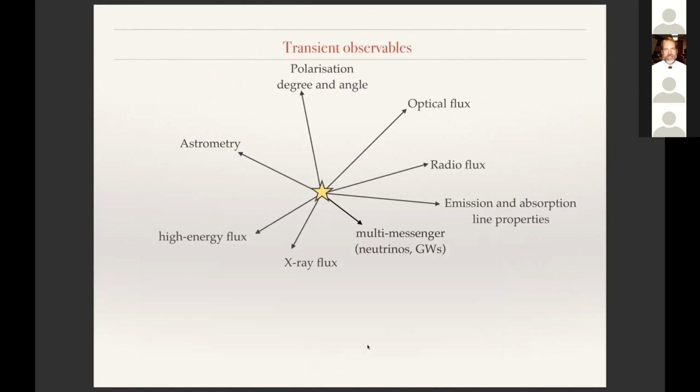Now, back to the general picture. As you all know, there are different observables we can obtain for a transient. We can look at its flux as a function of time in different wavelengths. We look at the properties of the absorption and emission lines, at the high energy flux, perhaps the astrometry, the presence of neutrinos or gravitational waves, and polarization degree and angle is just one of those axes. And you can slice this multi-axis parameter space over different axes.